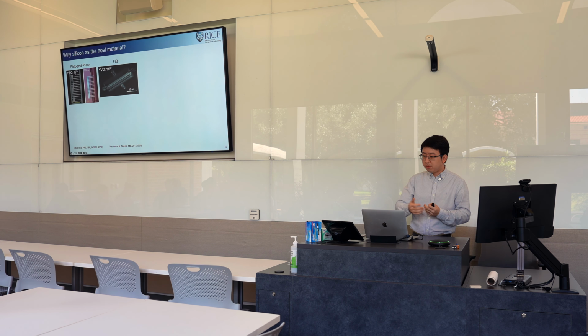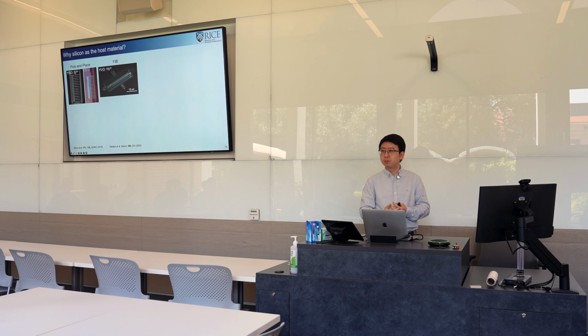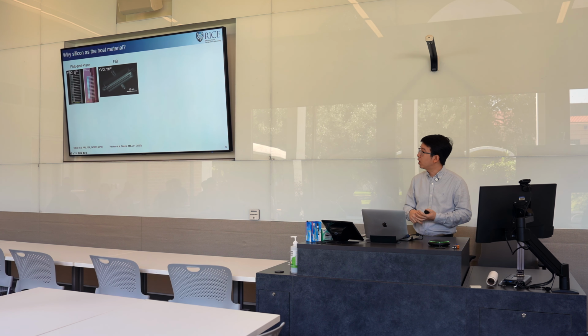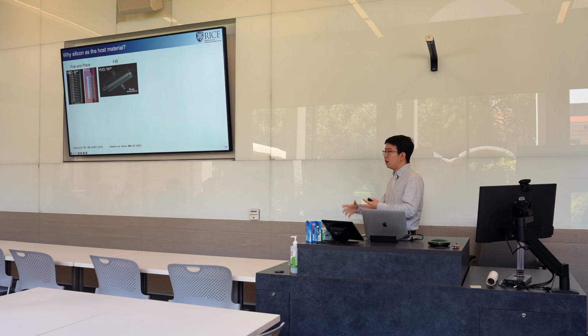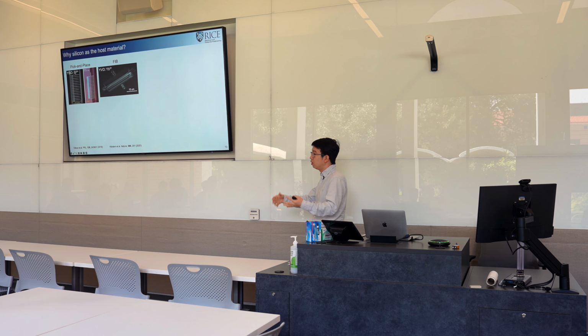So let me give you a few examples of how people do this device integration on other platforms, okay? In these rare earth ions, for example, ytterbium or erbium, they are typically sitting in some oxide platform, okay? And to make a device out of it, people can do many things, but majorly there are two ways. One is you fabricate the device on a normal platform, let's say silicon on insulator, which we call SOI.